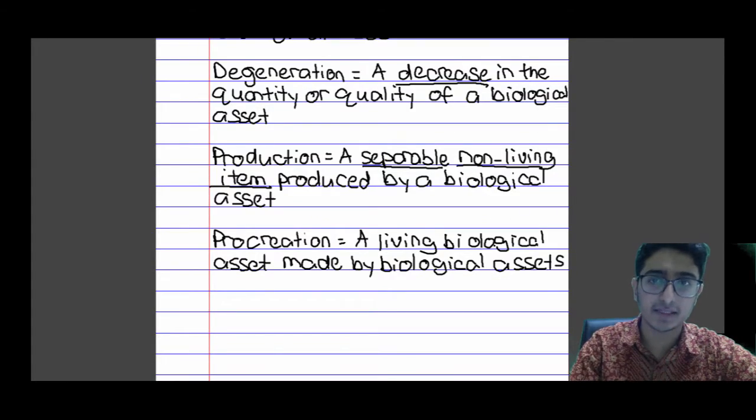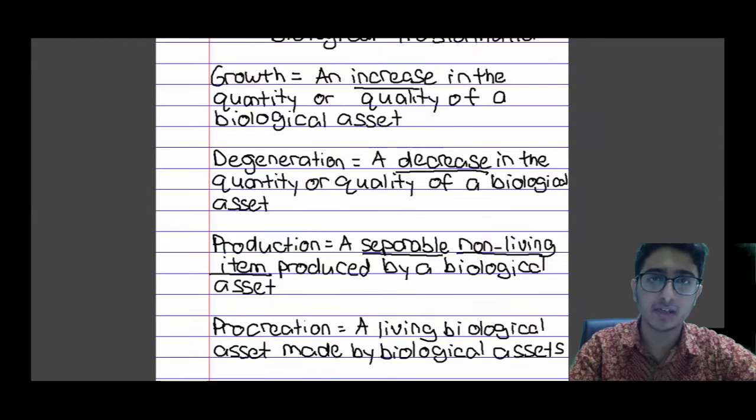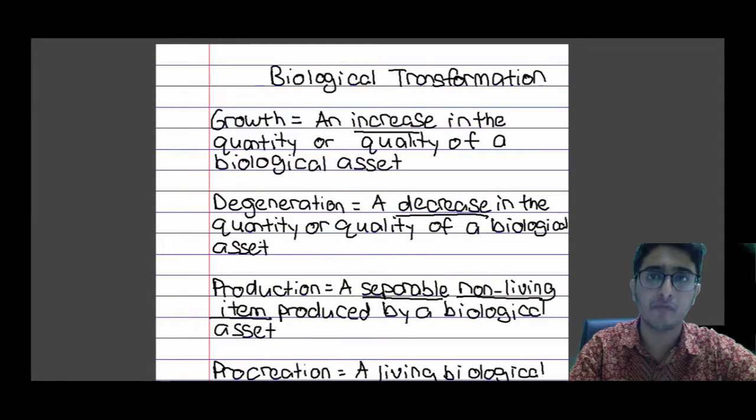Procreation simply means that the biological asset is now making another biological asset. This is the process in which, say, my cow has now a child or few children. This is what I call procreation. So these are the four definitions under the term of biological transformation.